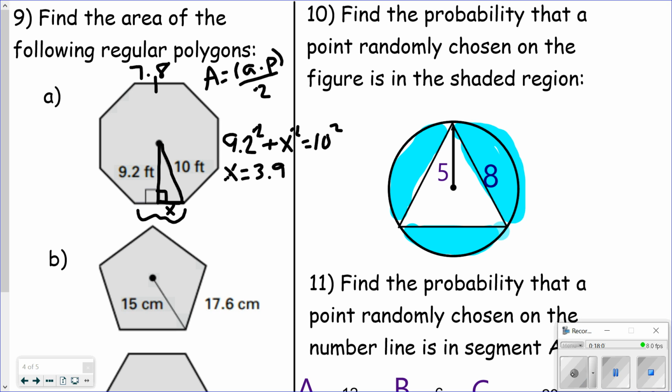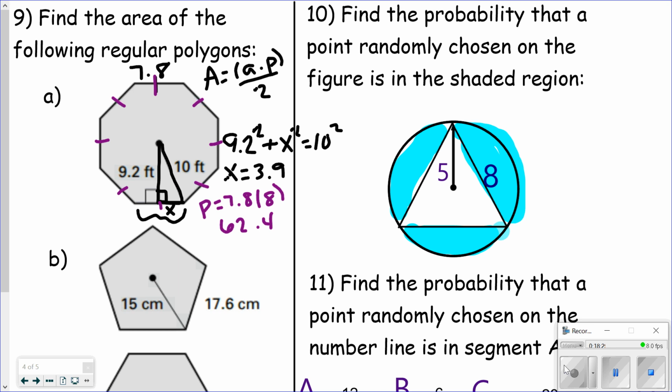So then to find the perimeter, I'm just going to do 7.8 times the number of sides, and we have 1, 2, 3, 4, 5, 6, 7, 8. Multiply that by 8, and we end up getting that the perimeter is 62.4. So now I have everything to find my area.